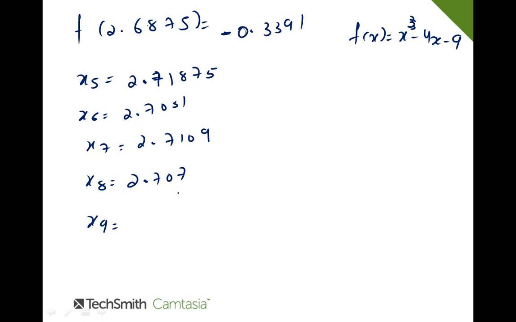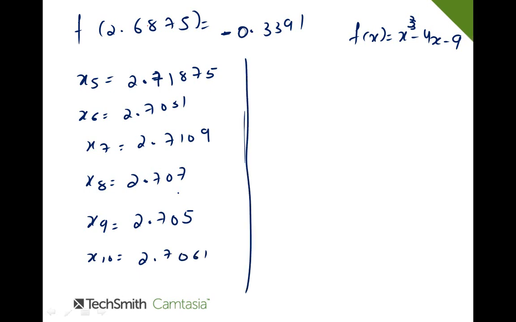Use your calculators. 2.705. x10 will be 2.7061. So the number is converging to a specific value that I'm going to find right now. x11 is going to be 2.7066. x12 will be 2.7064.